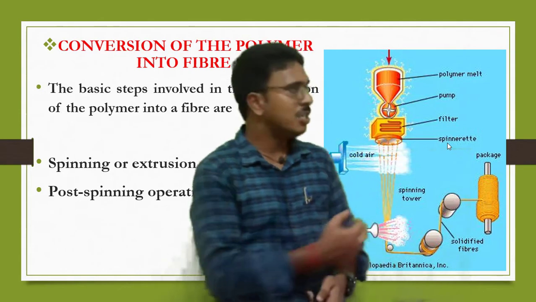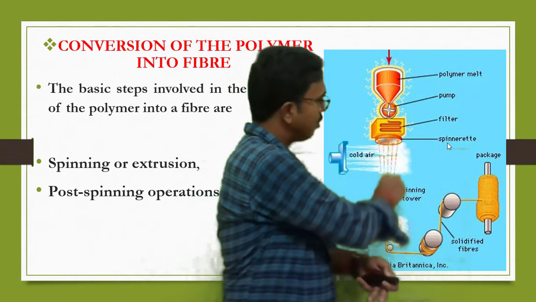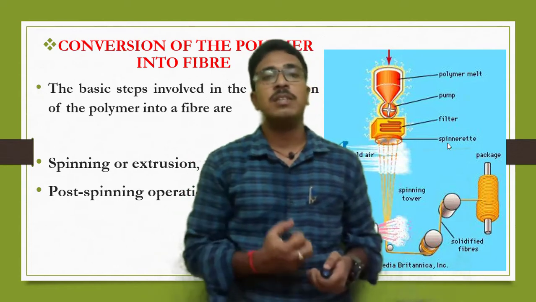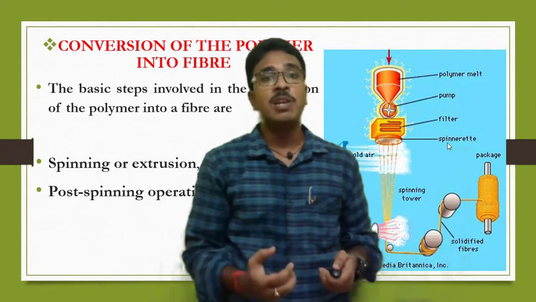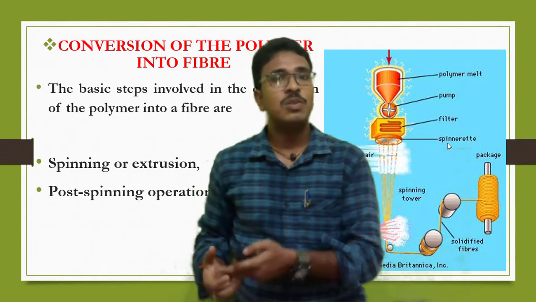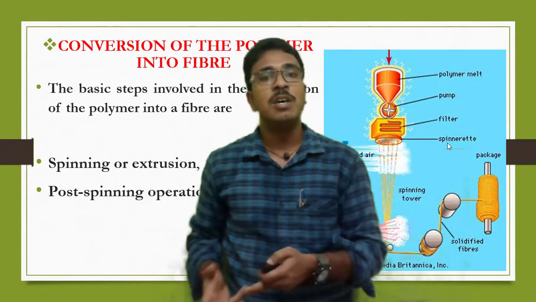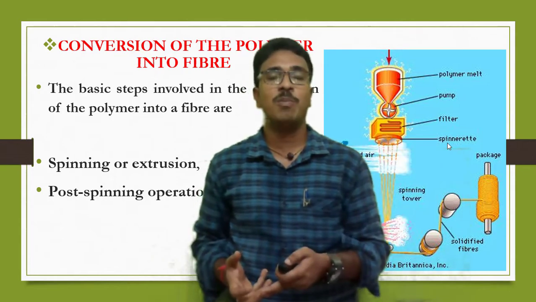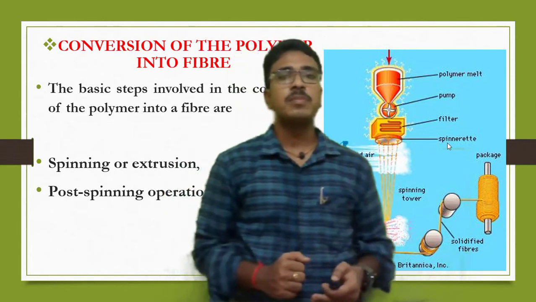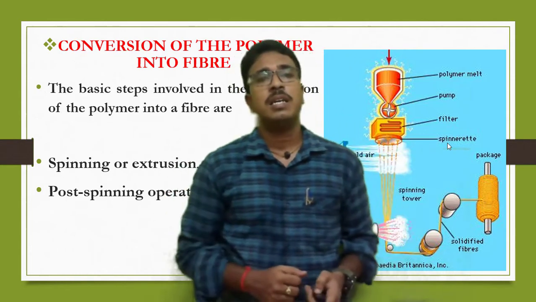As you can see in the image, soon after the filaments are produced, we cannot wind all the filaments as such onto a bobbin. In between we have a few operations which are post-spinning operations.